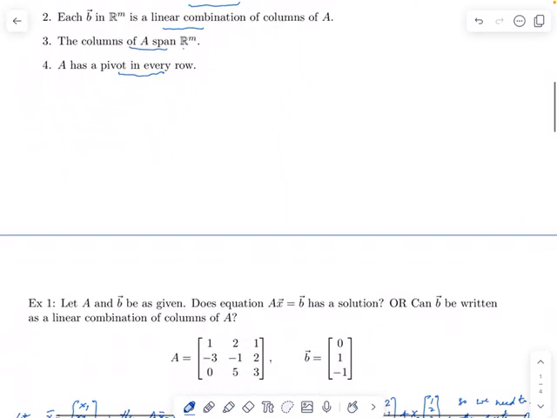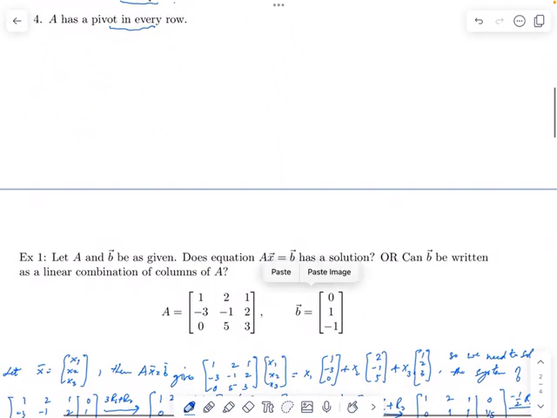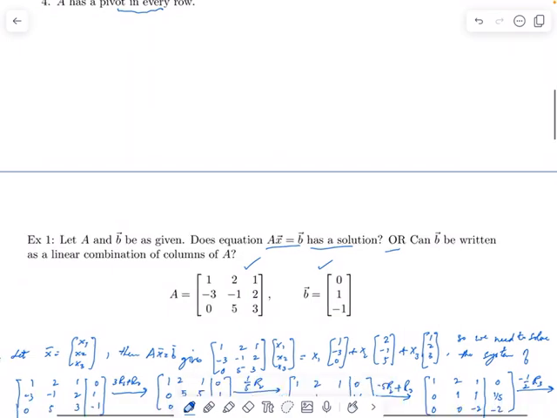Let us now look at examples. The first example: let A and b be as given. Does the equation Ax = b have a solution? Or you can be asked, can b be written as a linear combination of the columns of A? Here is our A matrix and here is the vector b. We basically just solve the augmented matrix.